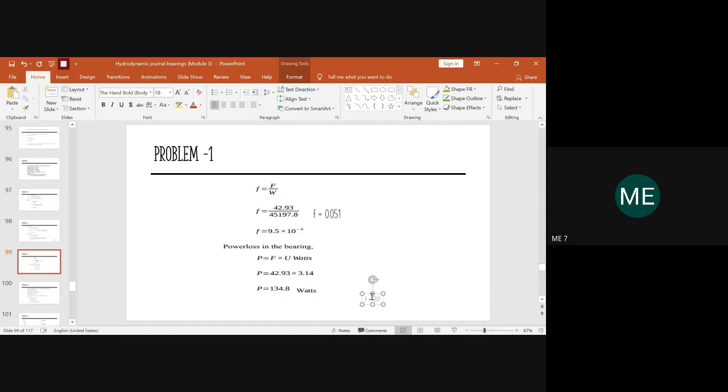There is a huge amount of loss here as per the given data.